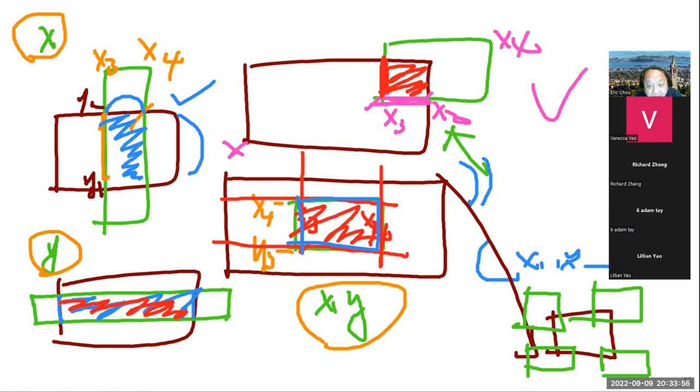And then if they are both not disjoint, then you calculate the two polygons' area and minus the overlap part. And the calculation of the overlap part, based on this analysis here, using the middle 2 points width and height, you should be able to solve it. Okay, does that make sense?